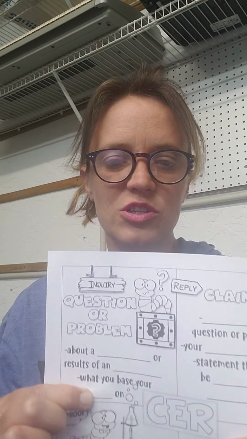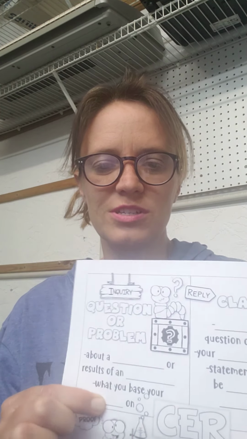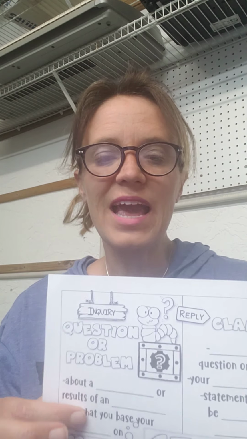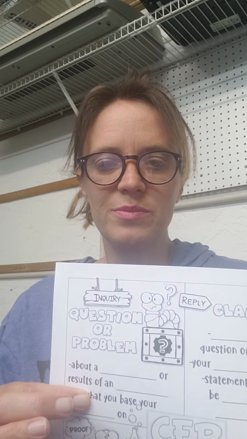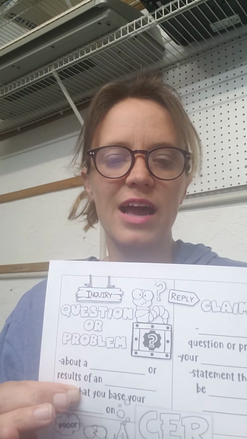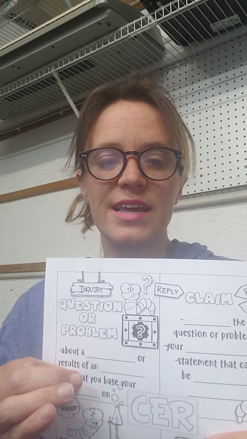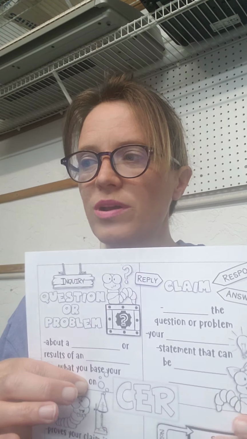So this claim evidence reasoning is used a lot in science, which is why it talks about phenomenons and investigations. But basically any question. And there's some examples on the blog, like is tackle football safe? Is gymnastics a sport? Is cheerleading a sport? Things like that.